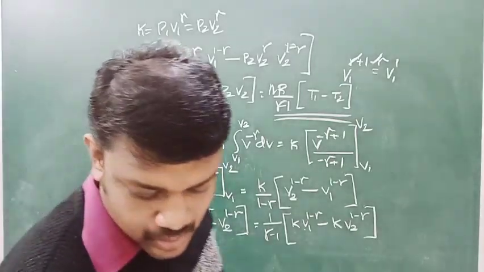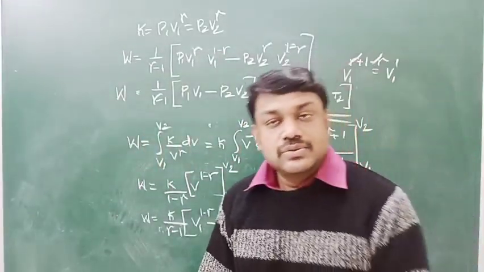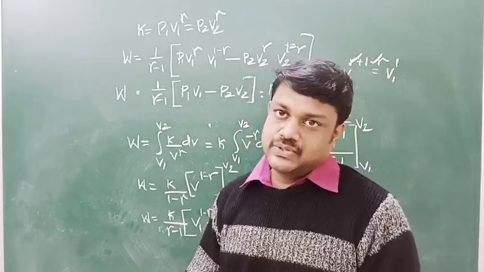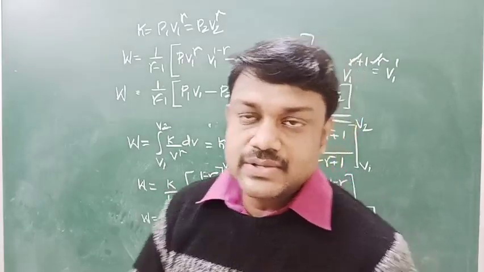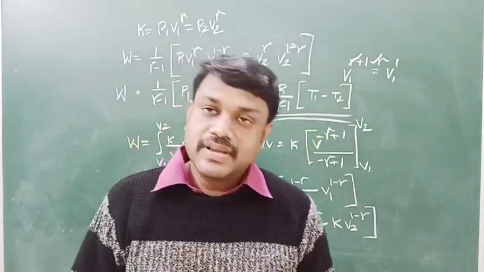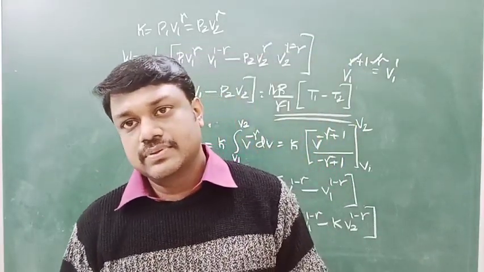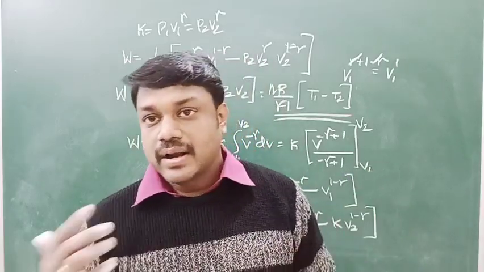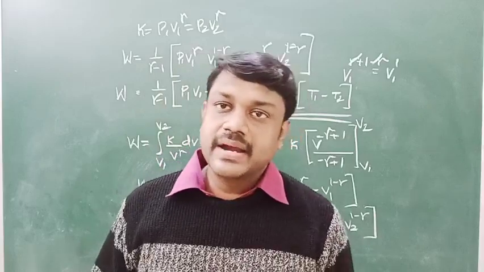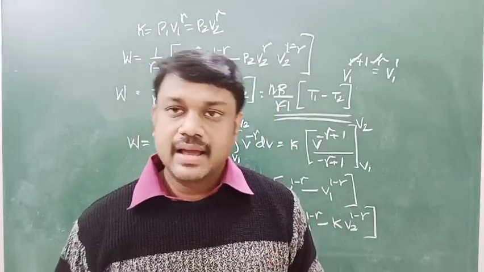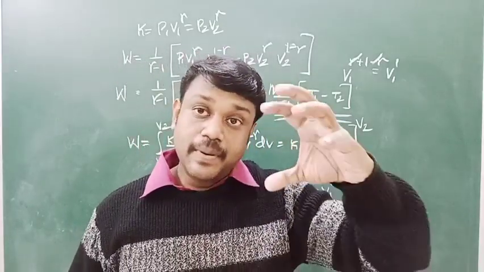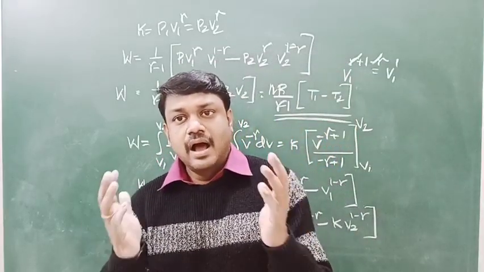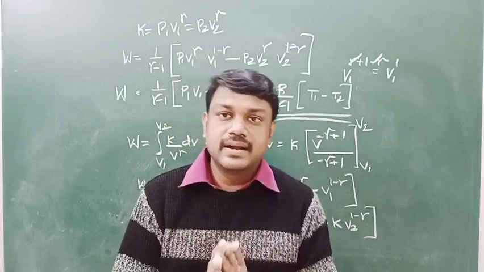So we have seen the work done in an isothermal process and the work done in an adiabatic process. We have seen the isothermal process, its slope, the adiabatic process, its slope, work done in isothermal, work done in adiabatic, and we compared the isothermal process with the adiabatic process: the properties of each, and how they affect the work done.